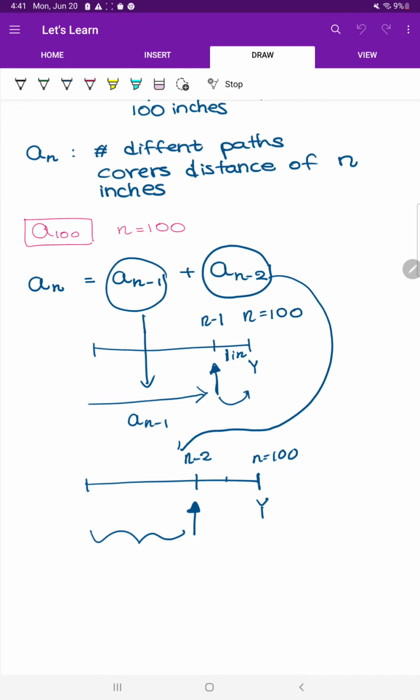There are a total of a_(n-2) paths, and after that we could skip to the last stage. Since the flea can jump either 1 inch or 2 inches at a time, it could have made the last jump either from the end of the n minus first inch or from the end of the n minus second inch. That is why we consider these two options.